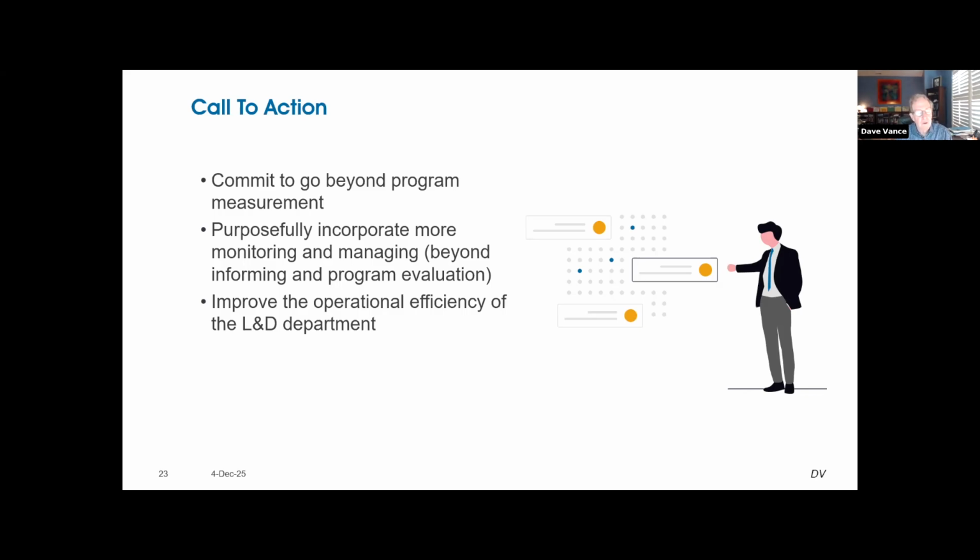If you hadn't thought about those other 3 reasons to measure, we've all done inform, whether you call it that or not. But really, we're thinking now about monitoring and managing. In most organizations, there'd be an opportunity for you to shift focus a little bit more towards monitoring and managing, because that's really part of running learning like a business.